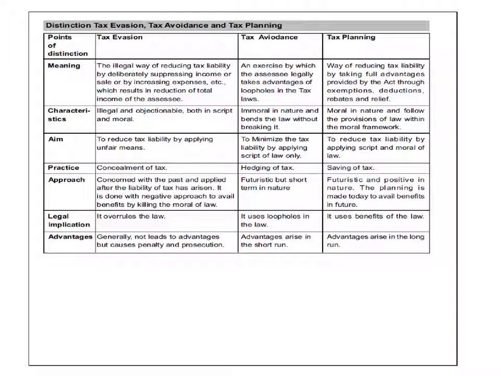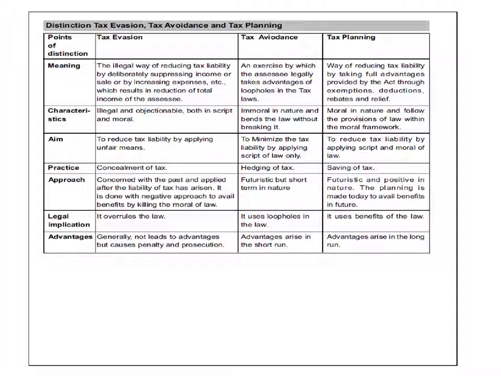Advantages of tax evasion: we don't have advantages for tax evasion. If we are caught, then we have to pay a huge penalty. Similarly, no advantages for tax avoidance also. If we are caught, we have to pay interest and penalty.